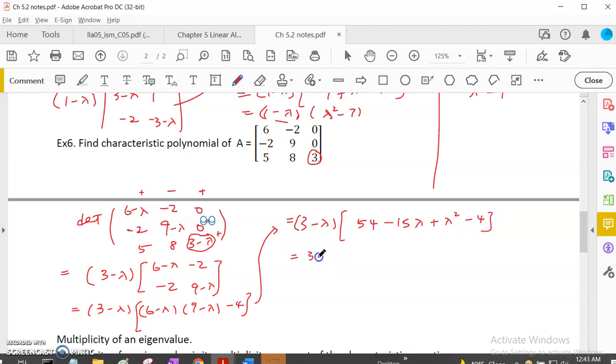So that would equal 3 minus lambda times lambda square minus 15 lambda plus 50, since 54 minus 4 is 50. Is it factorable? Yes: 3 minus lambda times lambda minus 10 times lambda minus 5. So lambda would equal 3, 10, and 5.